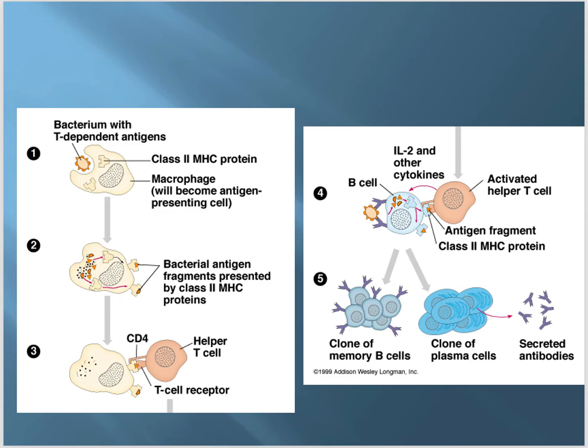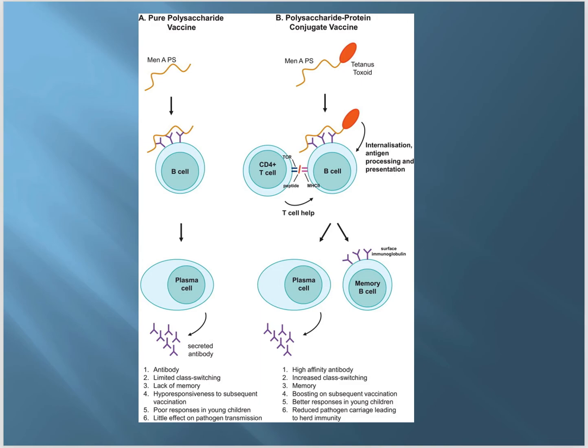Okay, and then this photo shows, on the left side, how a polysaccharide vaccine induces immunity in a T independent way.